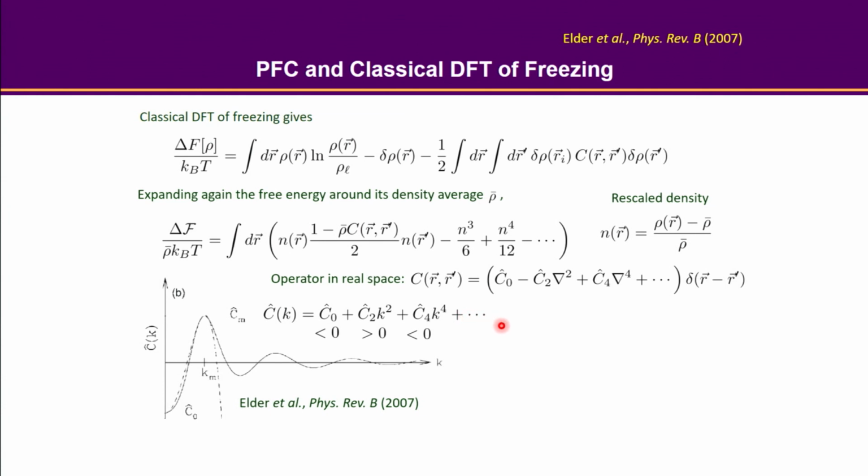So before we move on, I think there is a lesson here. Instead of only fitting the first peak, if you have the whole information from MD, like doing the correlation function, you can actually just directly plug in the whole shape of C of k and do the evolution equation in reciprocal space. And when you want to calculate the free energy, there is a simple relation between this integral, like n rho c times n, the double integral.